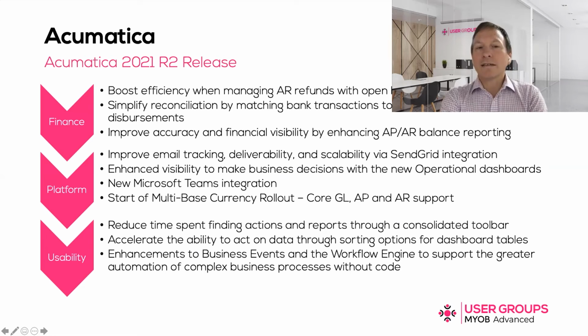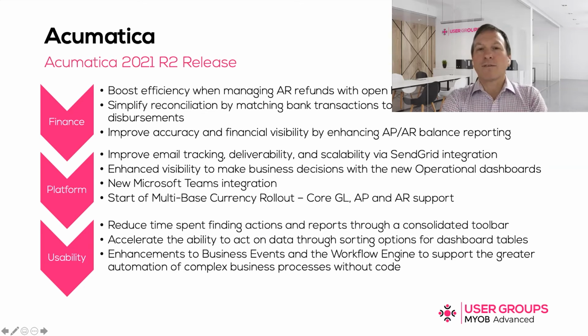To give you a little bit of an idea of what's coming, I've again just broken this release into some of those sorts of key areas. Just to call out a few of those, some significant changes from a platform perspective in terms of new email integration with SendGrid. The goal of that will be to actually bring significant marketing automation benefits around Acumatica and around Advanced.